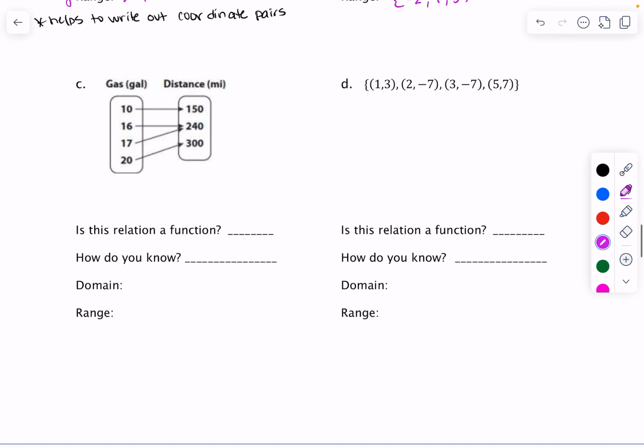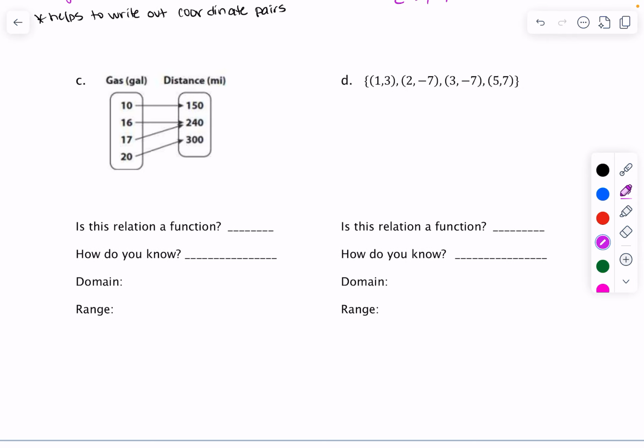Example C is a mapping diagram. Is this relationship a function? Well, notice that 10 just goes to 150, 16 goes to just 240, 17 goes to 240, but remember that 240 is okay because this input has only 1 output. That's okay for y to repeat, so this is a function.